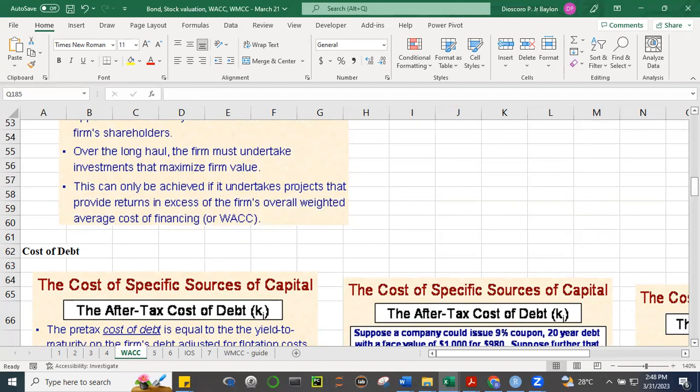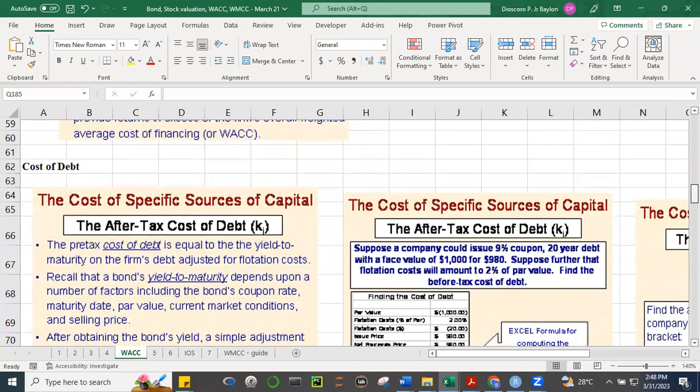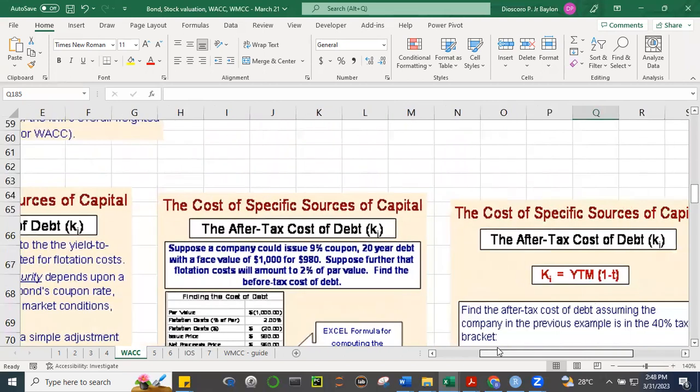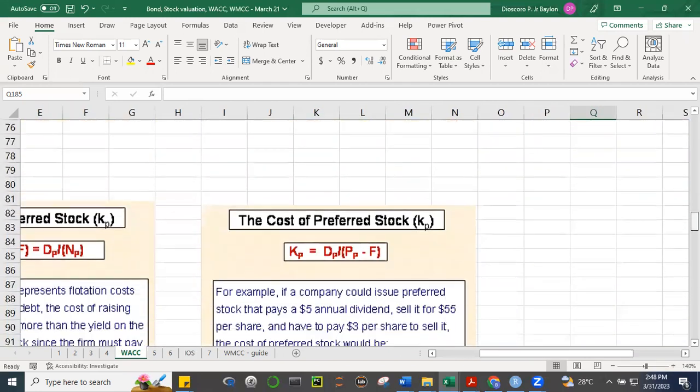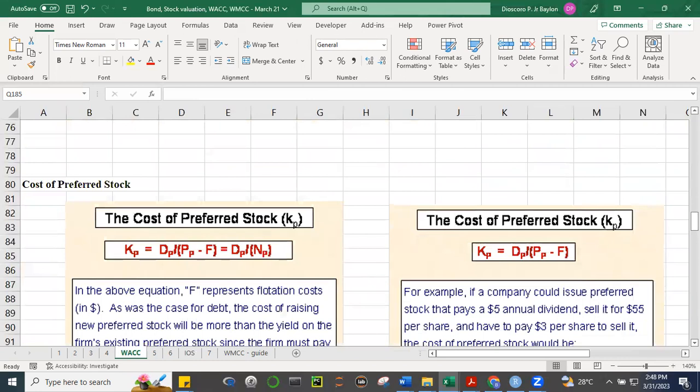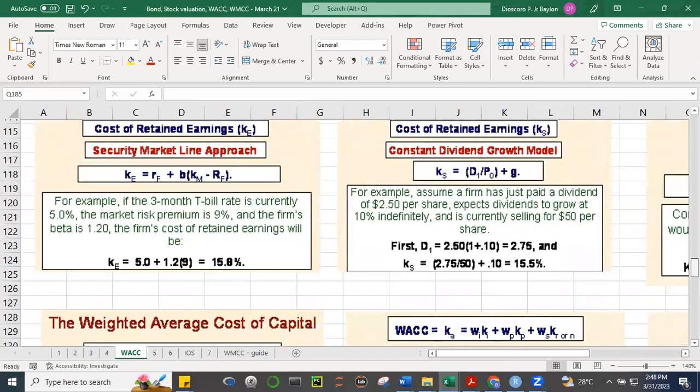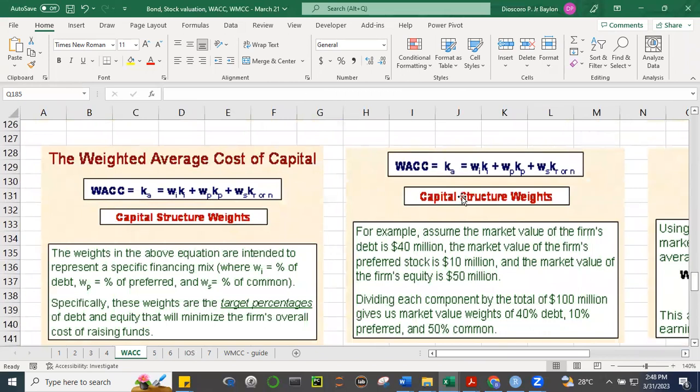Okay, so in order to know the WACC, we should know how to compute the specific costs of financing. So we have the cost of debt. We also have the cost of equity, whether it's preferred or common stock. And once the company has determined the cost of debt, cost of preferred, and cost of common, then we can compute the weighted average cost of capital, which is just the sum of the weighted costs.